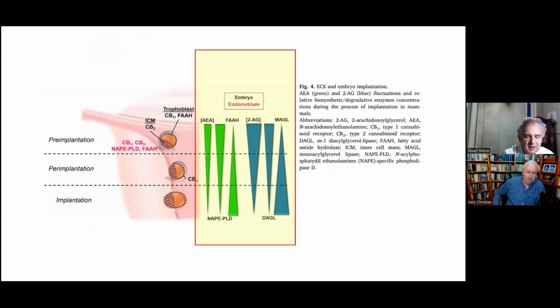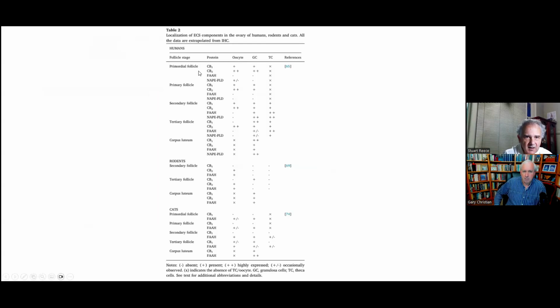Yeah, the male and female human reproductive system are very rich in endocannabinoid system and its components. So yeah, so this is humans, rodents, cats.